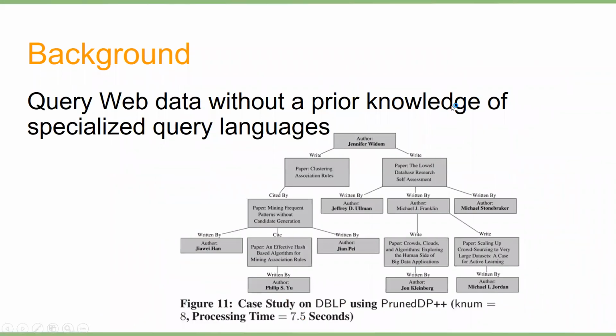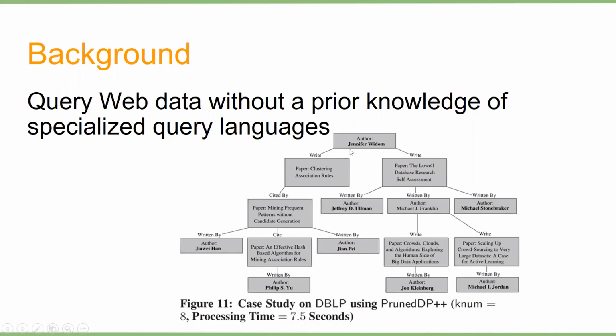Different from SPARQL queries, keyword queries over knowledge graphs can query web data without prior knowledge of specialized query languages. For example, you can type in eight researchers' names and find the connections between them on DBLP.